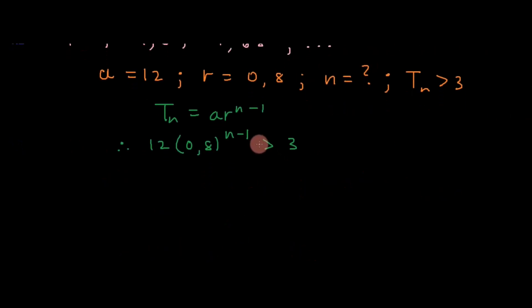So we're looking for n. We're going to first divide by 12 on the right-hand side. So 0.8 to the n minus 1 is greater than 3 over 12, which is a quarter, or 0.25. We could use exponents here and convert these decimals to fractions, but let's stick to logs. So we log both sides.